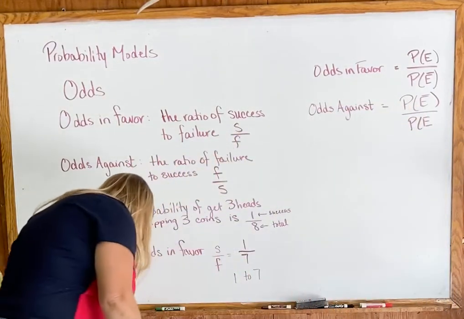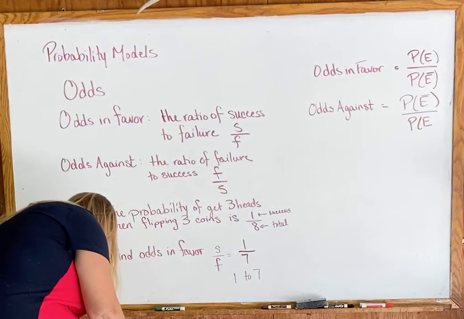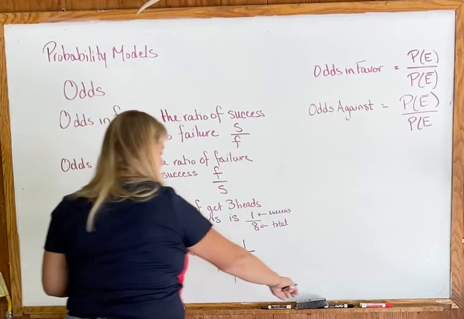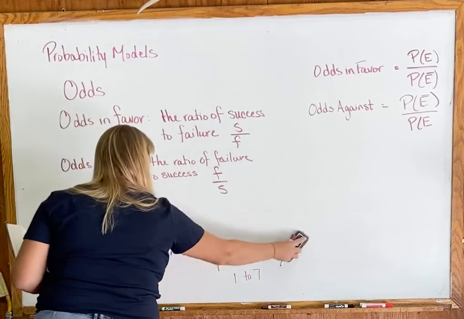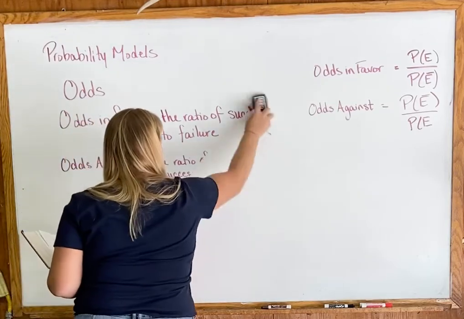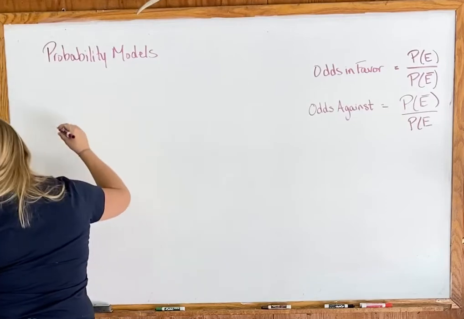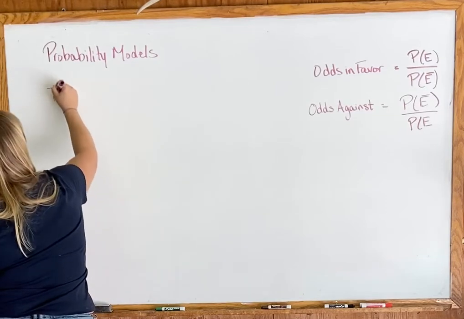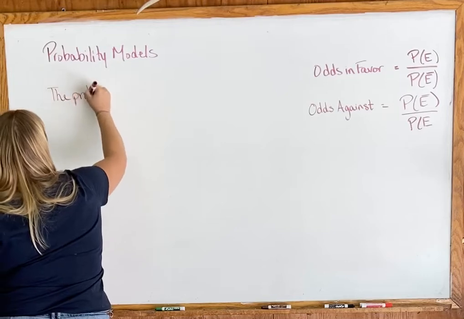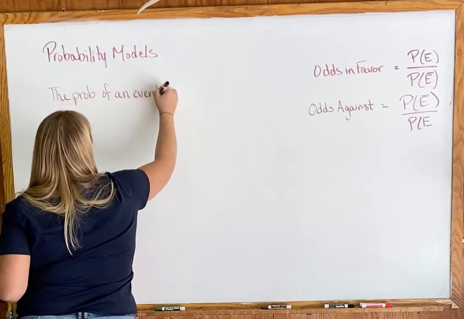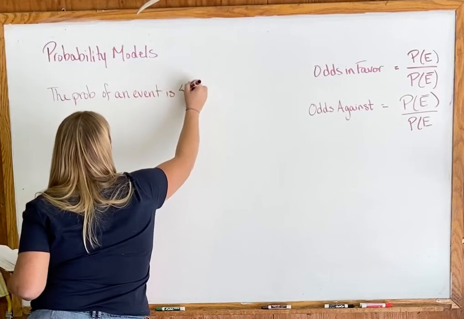Okay, so let me see what I have for this one. So this says the probability of an event is 45%.